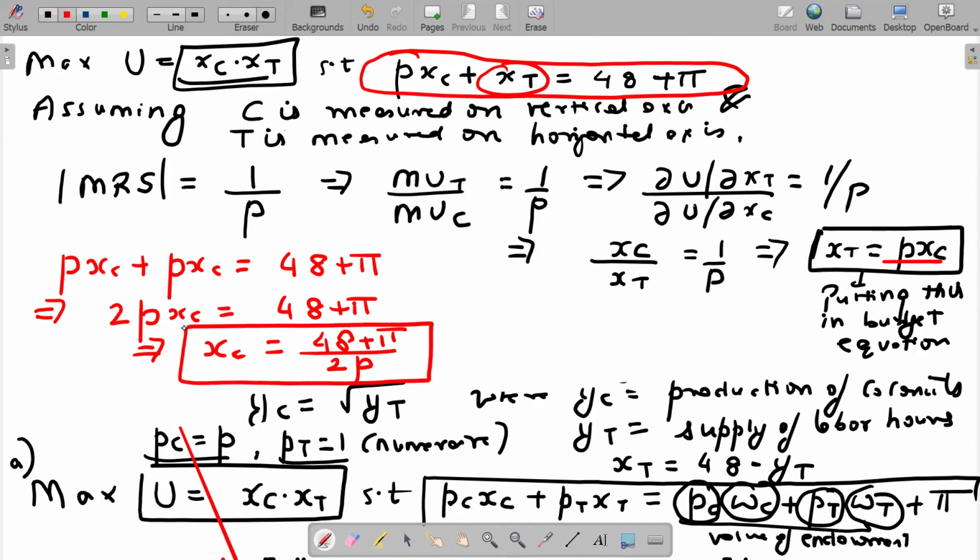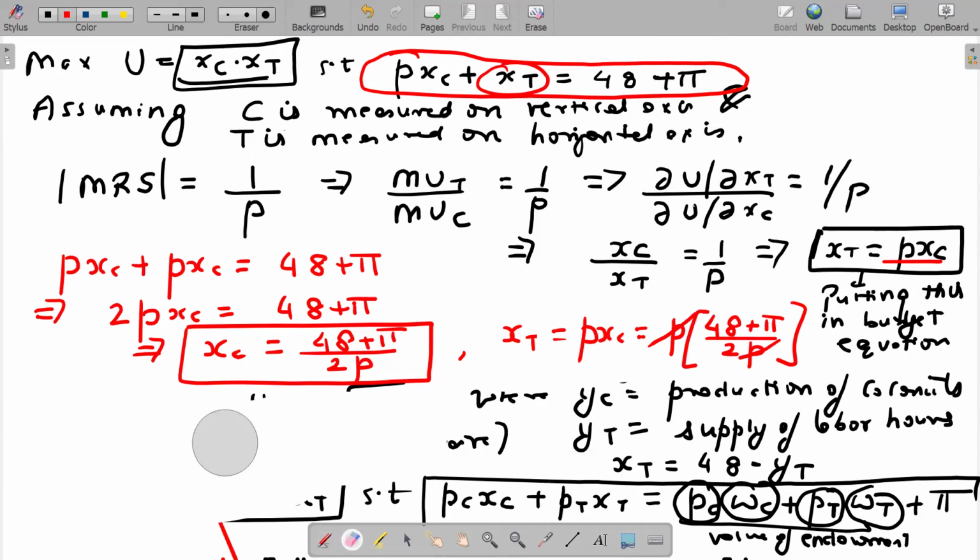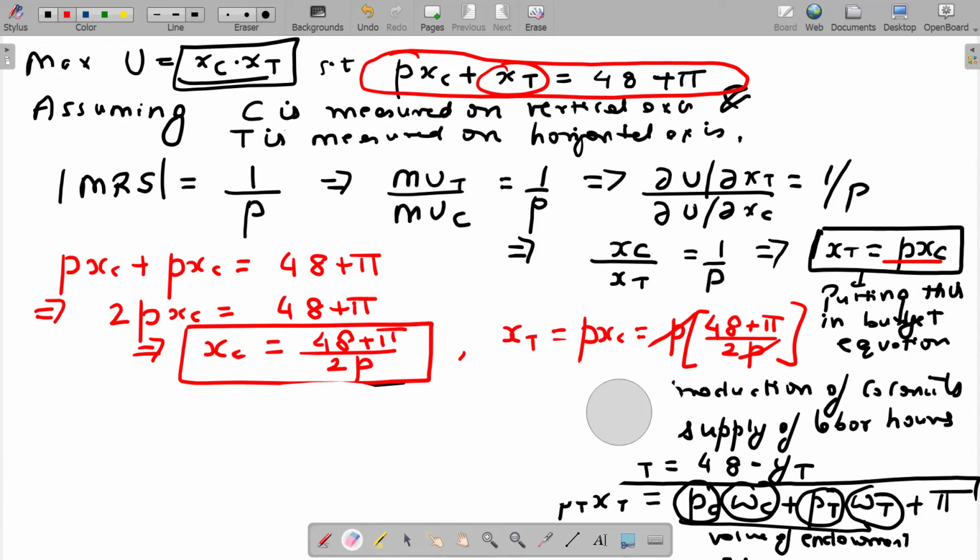And what will my XT be? XT is P times XC, which is P times 48 plus pi over 2P. P and P cancel out.